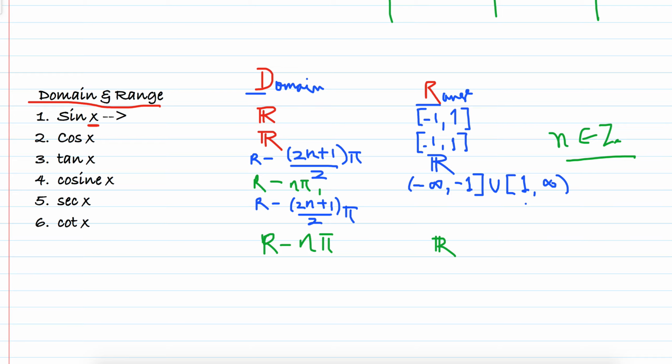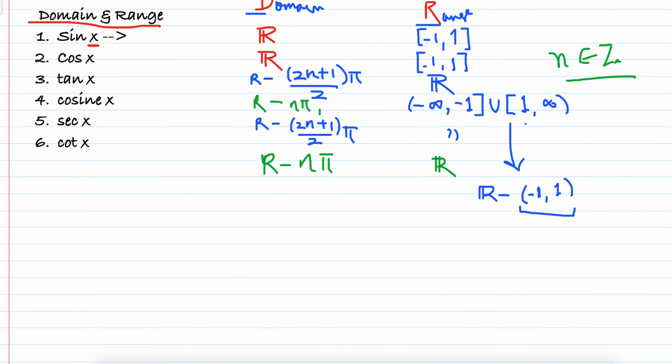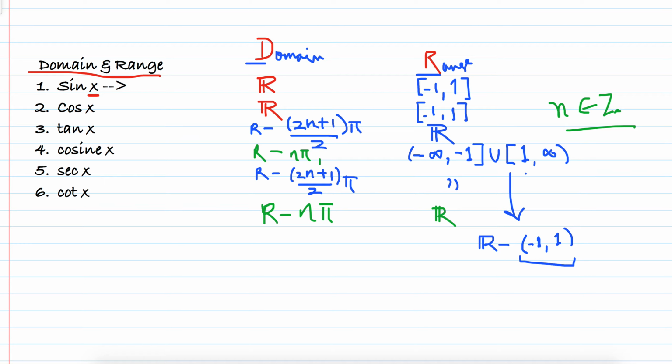This will be the same for sec also, and we can also write it as R minus (minus 1 to 1). From the real numbers we exclude this range from minus 1 to 1, and then we get this set. So these are the domains and ranges of our main trigonometric functions.